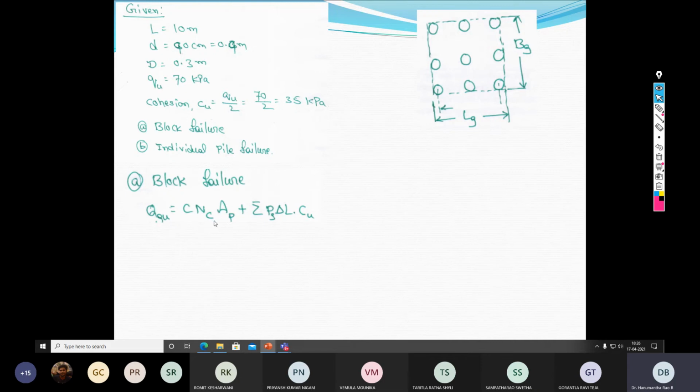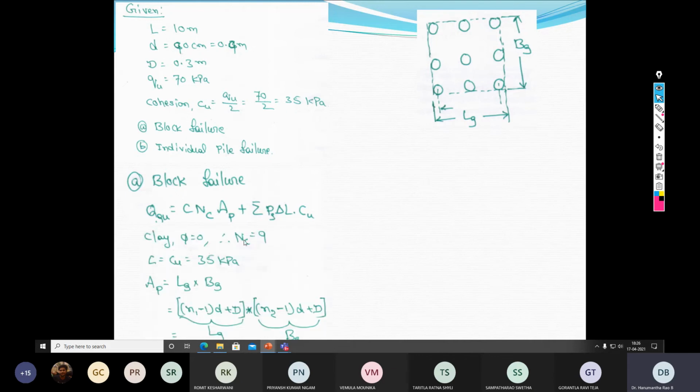QGU is nothing but Cu Nc into Ap plus sigma Cu into Pg into delta L. Given clay, phi is 0, Nc is 9, straightforward, and Cu is 35 kilopascals, also given.